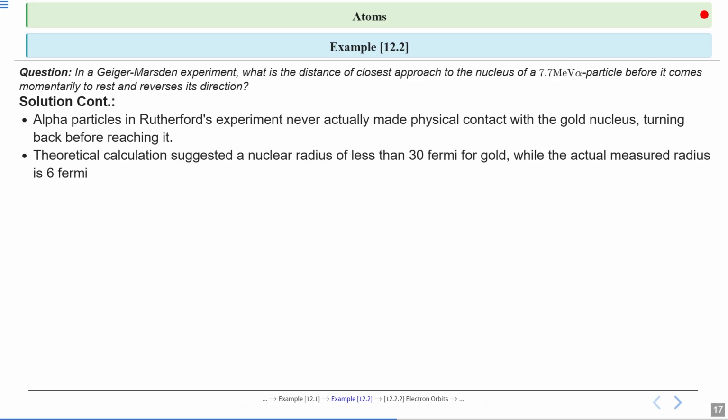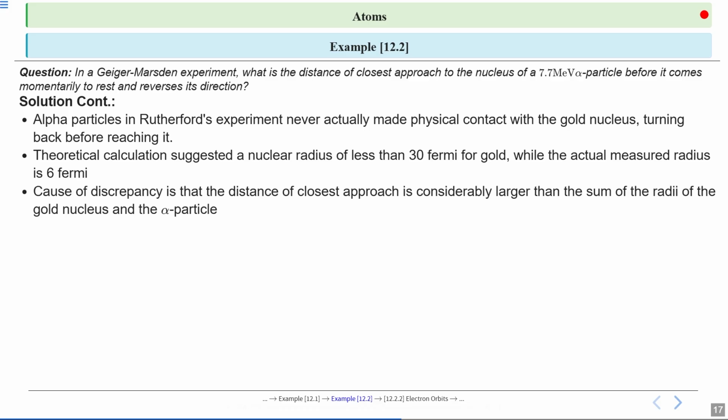1 Fermi is 1 times 10 to the power minus 15 meters. This big difference tells us the closest approach is much farther out than the actual edge of the nucleus. So the alpha particle is not touching the edge of the nucleus. It is reversing its direction very far away from the nucleus due to the force of repulsion.